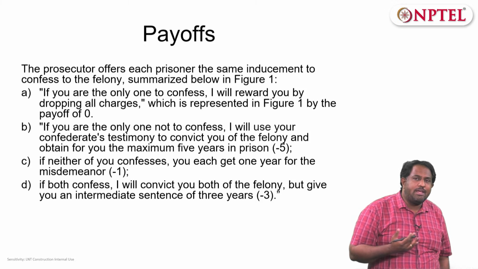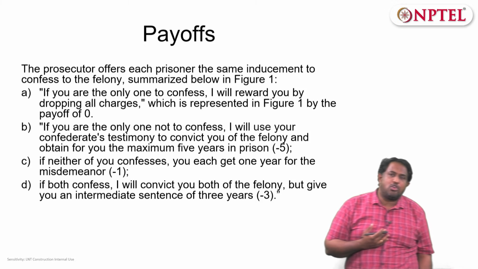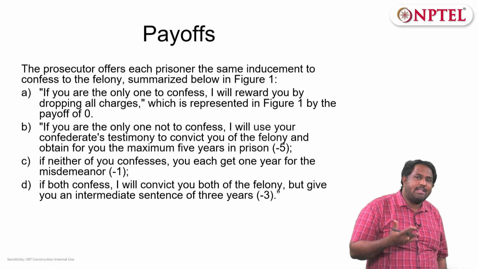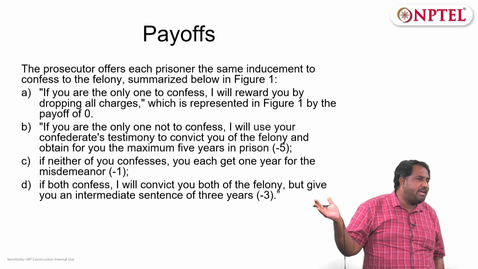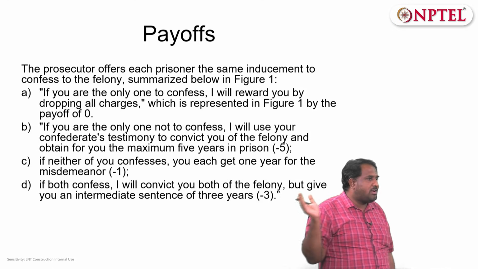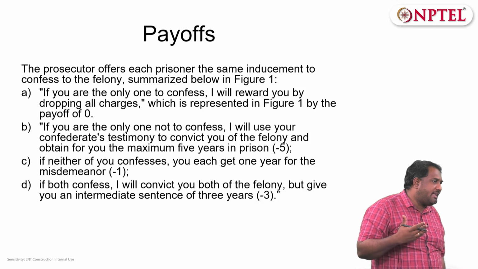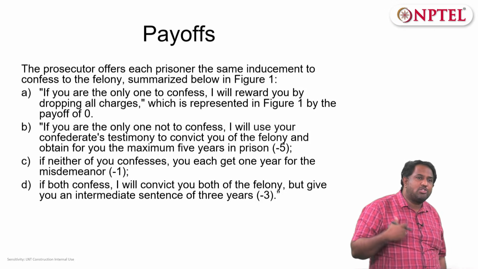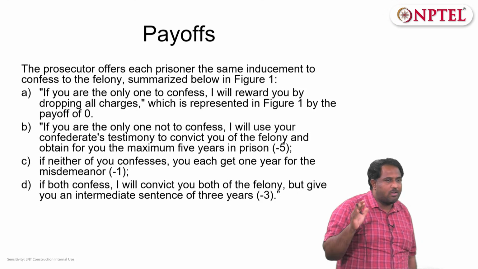The other option he would use to pressurize the suspect would be to say that the other guy who's being interviewed in the other room has already given a testimony against you, and therefore, if you don't confess, then I'll make sure that you end up in prison for the longest amount of time, right?